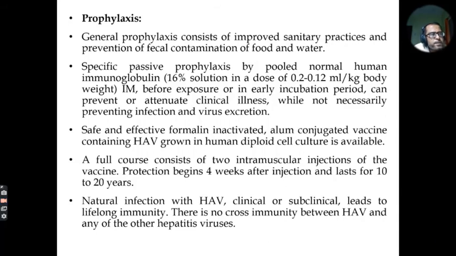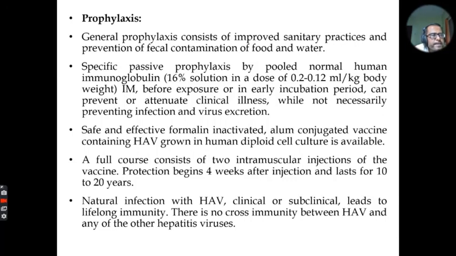And you know that natural infection with hepatitis A virus, clinical or subclinical, leads to lifelong immunity in children or adults. There is no cross immunity observed between the hepatitis A virus and other types of hepatitis viruses.